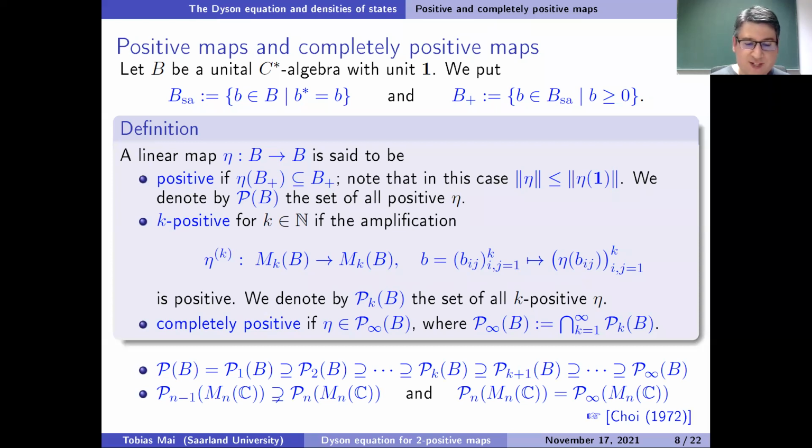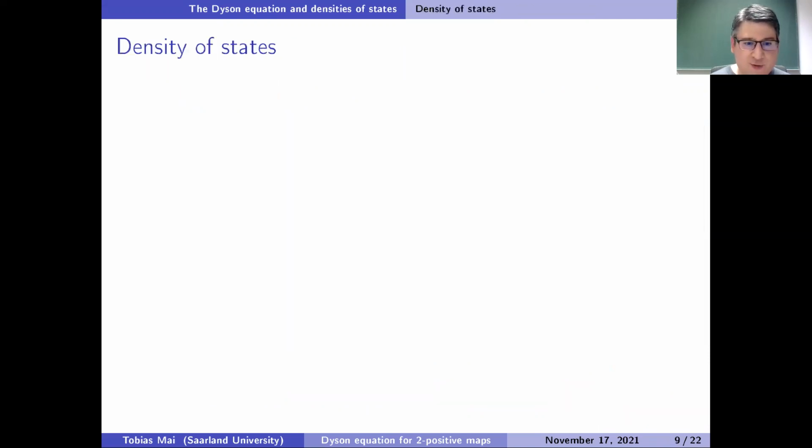So the result, for instance, is that on n by n matrices, we have a strict inclusion of the n-positive maps, which, by the way, are also the completely positive maps, inside the (n-1)-positive maps. So you see that moving between different positivity levels really changes the situation. So there are some differences. Okay, this is certainly not surprising to you, but how can we make use of this?